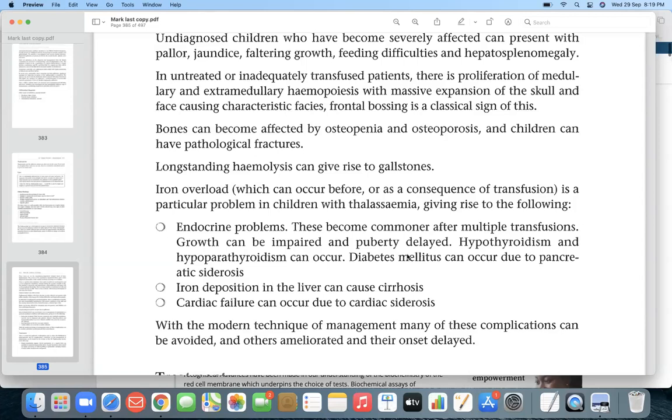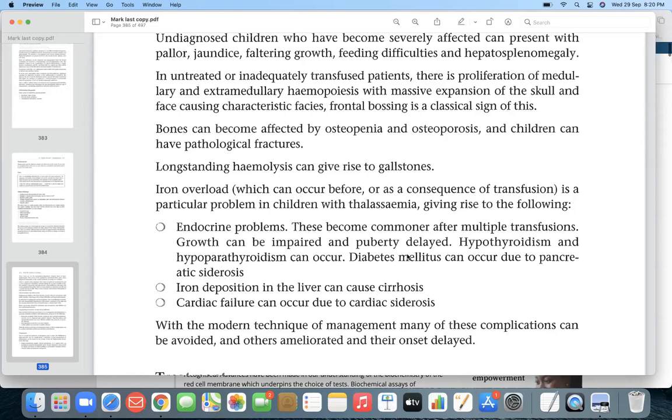Iron deposition in the thyroid and parathyroid can cause hypothyroidism and hypoparathyroidism, and in the pancreas can cause diabetes mellitus. Deposition in the liver can cause cirrhosis. Cardiac failure can occur due to cardiac cirrhosis.